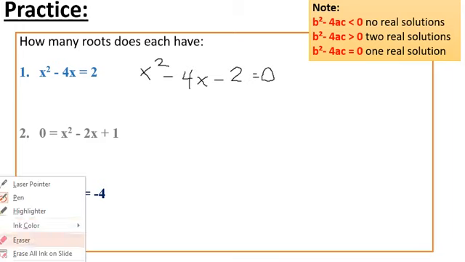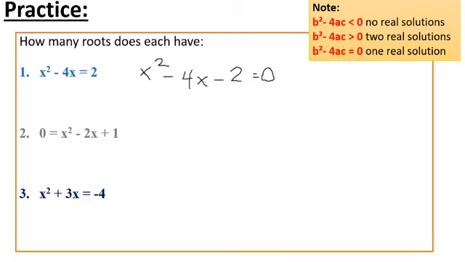So now I can use my b squared minus 4ac, where my a is 1, my b is negative 4, and my c is negative 2. If I plug that into the discriminant, b squared, so negative 4 squared, minus 4 times 1 times negative 2.